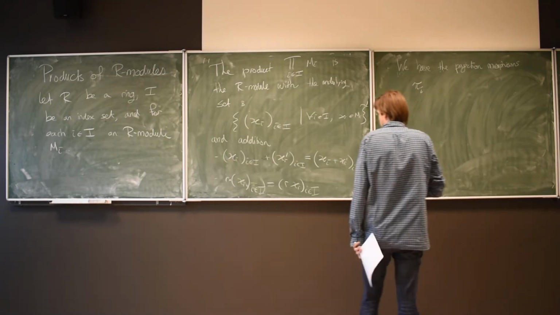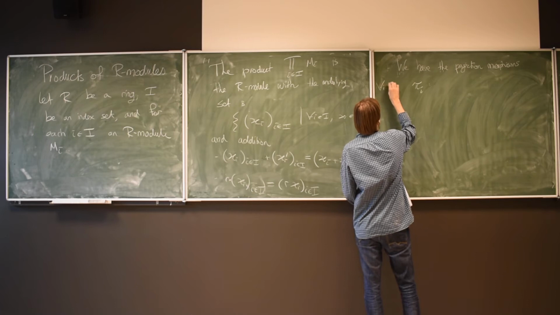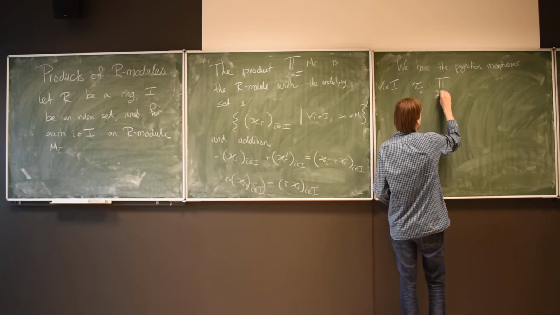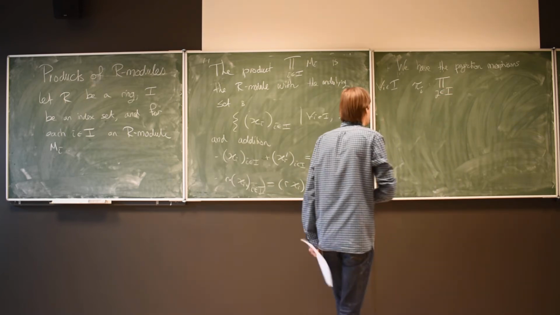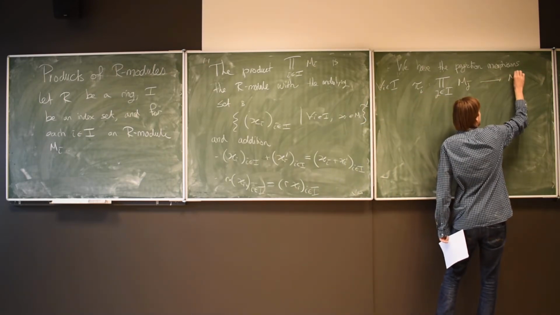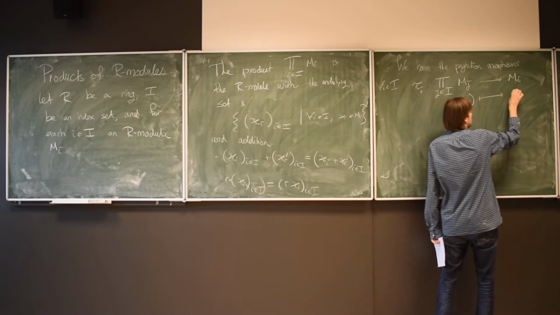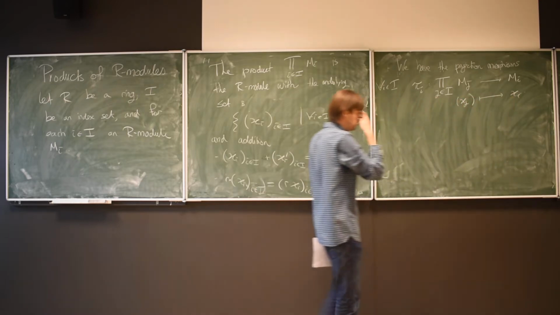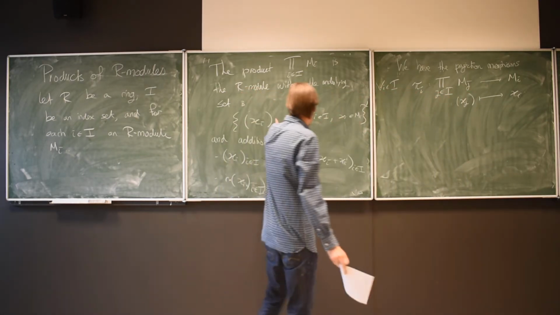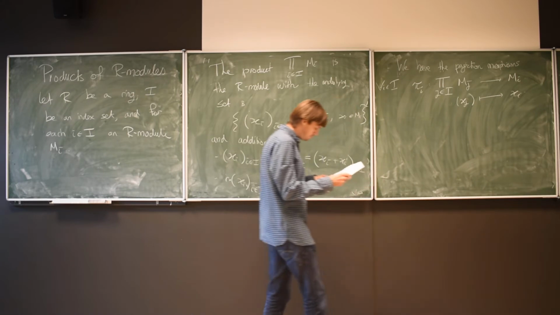So for each i I can make a mapping pi_i that comes from the product, so maybe I use a different letter now, the product of all j in I of Mj to Mi, simply by sending a tuple to whatever it is on the ith coordinate. Okay, so it's quite obvious from the definitions that this is indeed a map of R modules.